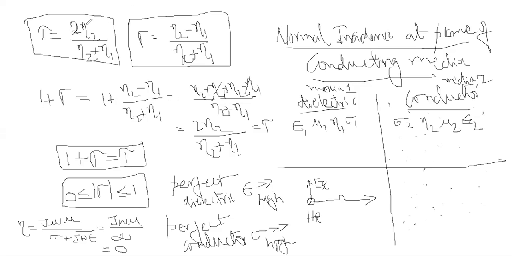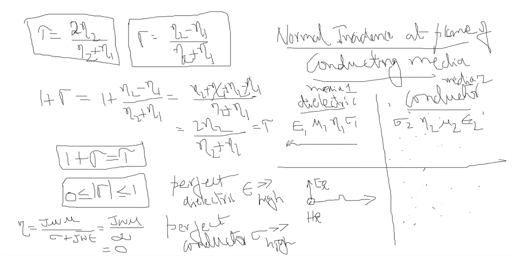Eta 2 is 0 means 2 into 0, so the numerator is 0 and the transmission coefficient is 0. For the reflection coefficient, eta 2 is 0: 0 minus eta 1 by 0 plus eta 1, so eta 1 by eta 1 gives minus 1. Whenever the incident beam is there, the total is reflected.